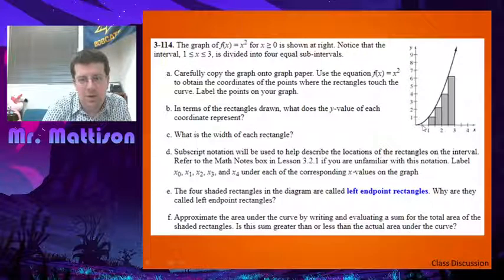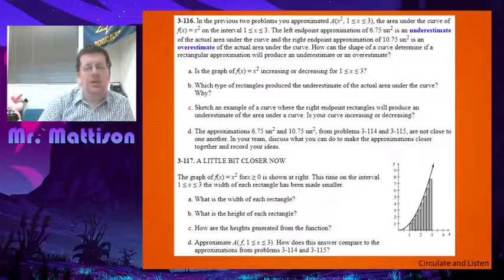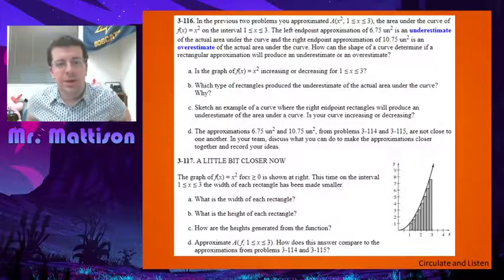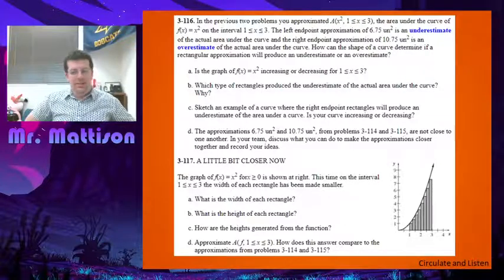Same thing if I go back here, if I make these half the size, I'm going to have less of this extra little white area, which is my underestimate. So how can we do that? Well, let's give it a shot. Go ahead and pause, try out 116 and 117, and then come back and we will go through those together.